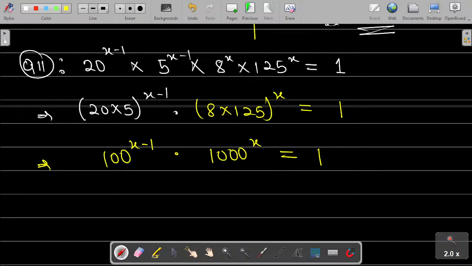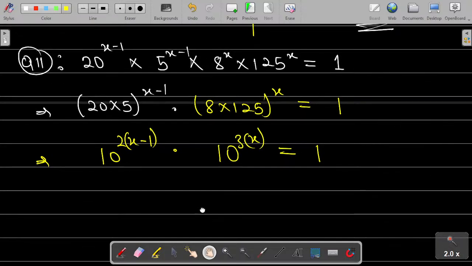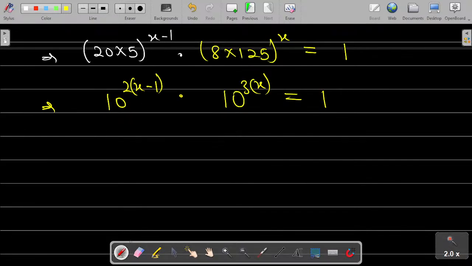Of course we can rewrite our 100 as 10 raised to the power of 2, so it will be 2 times the whole of this. And we can also rewrite our 1000 as 10 to the power of 3, and so that 3 will multiply x. And you are done. Then take this 1 to base 10 also, and that will be 10 to the power of 0.